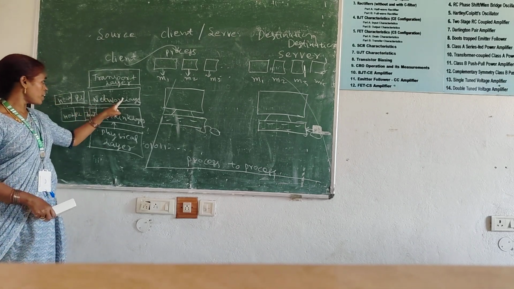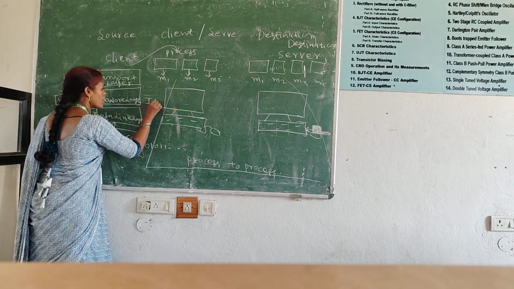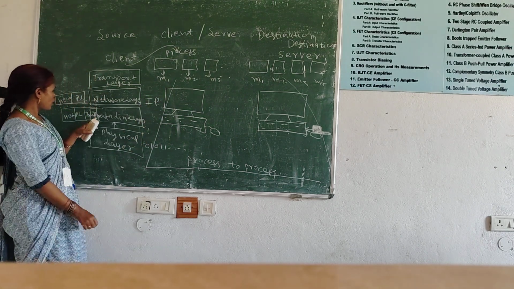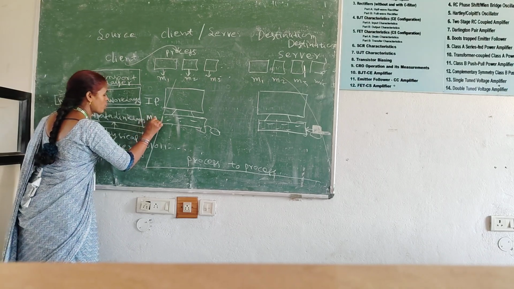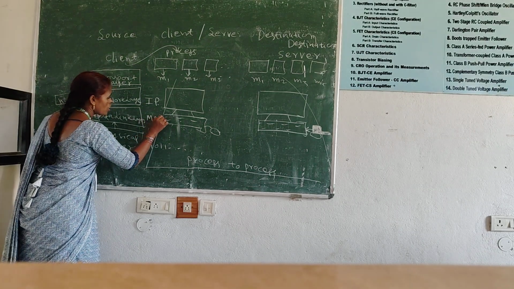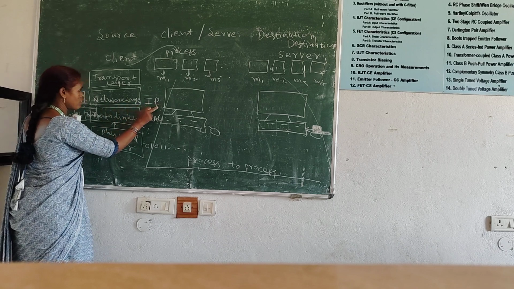In the network layer, the address belongs to the IP, Internet Protocol. In the data link layer, the MAC address is available on all devices. In the network layer, the IP address is there.